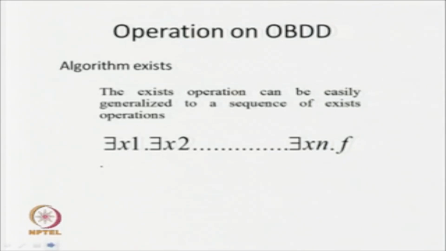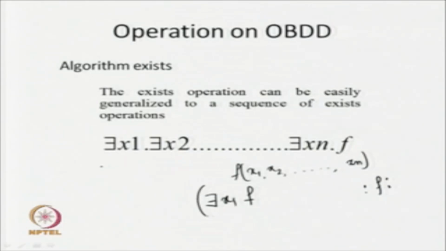Now, this particular exist operation can be nested also, or it can be given as a sequence also. So, basically, if I have a function f on some variables x 1, x 2, up to x n, and say there exists x 1 f, that means we are relaxing this particular function on variable x 1. So, we are going to get one function which is now independent of x 1.